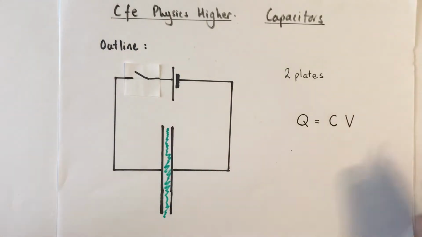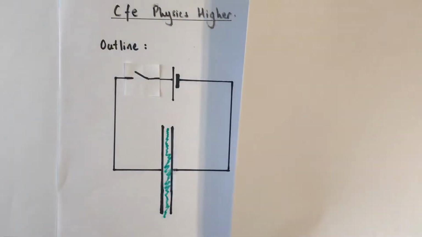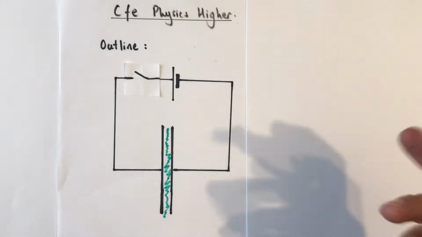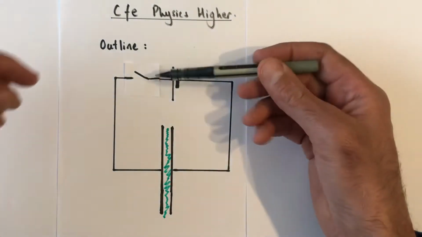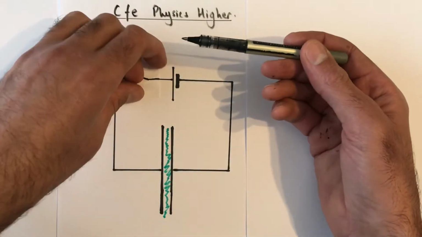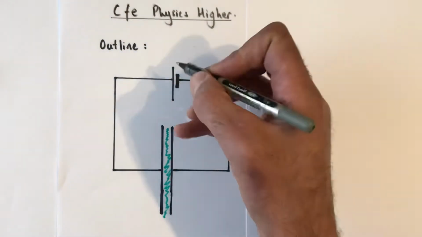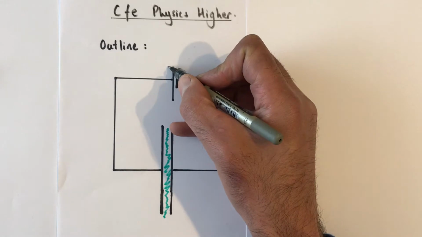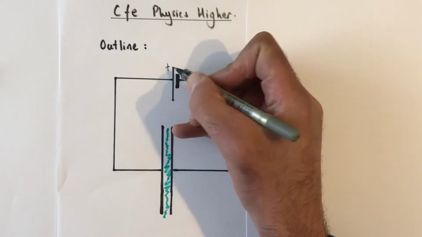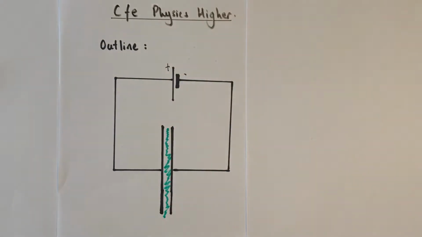Now, the whole point of a capacitor is, in fact, let me just go through the general way it works first. When you close the switch, so I've got a switch here, if I close the switch and my circuit is complete, then essentially I've got the positive side of a cell here and the negative side of a cell there.